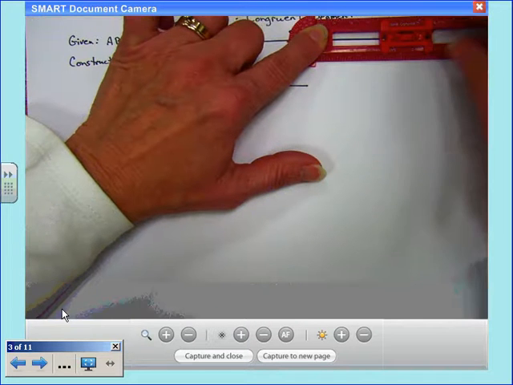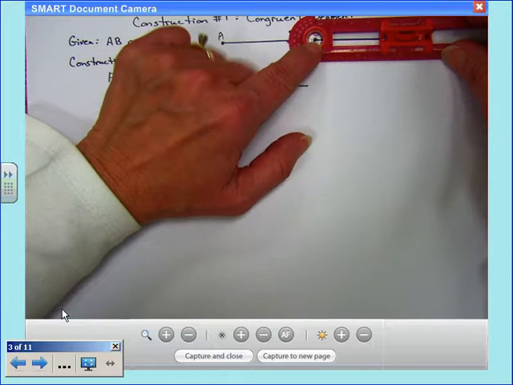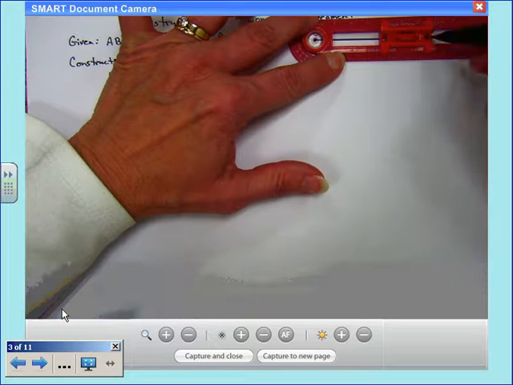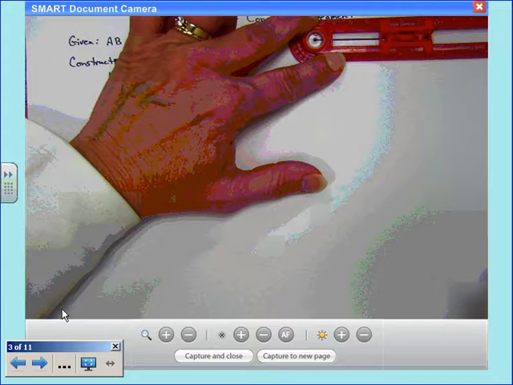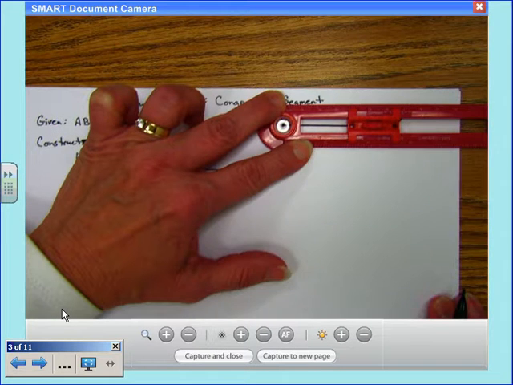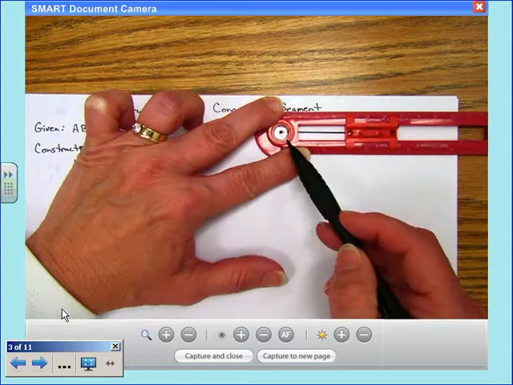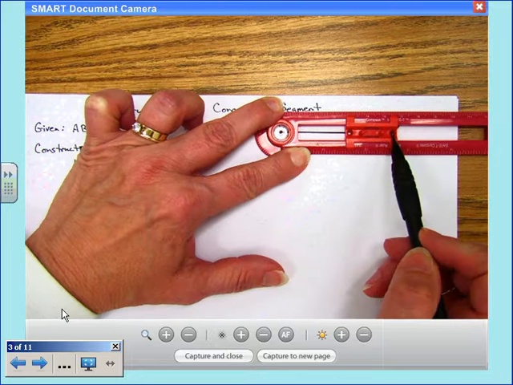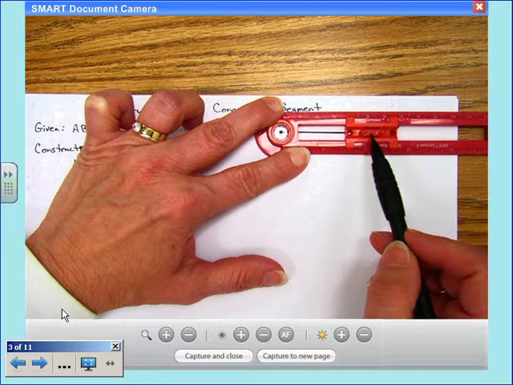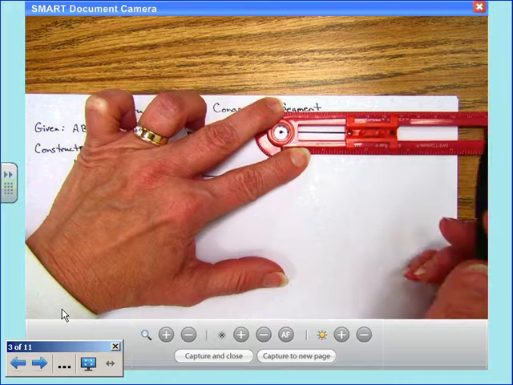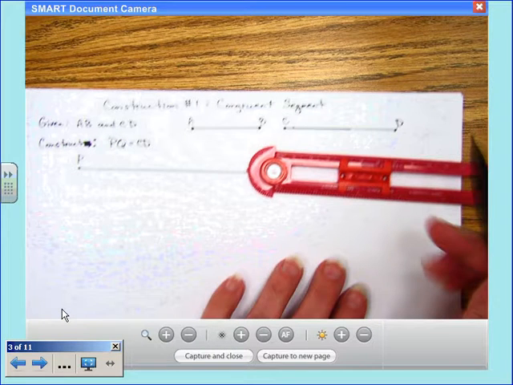So I now see C in this end of my compass and D in the other end. I've stretched this slider till I get D there. Now I have that measurement on my compass.